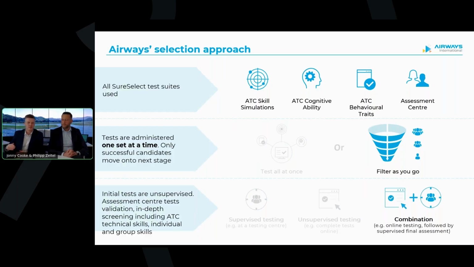By doing this stage-gated, unsupervised component before we invite them into our in-person assessment centres, where we then do that kind of validation to check that they still have those skills, a candidate's then gone through 2 rounds of testing, and they know that they are now within at least the top 20% of candidates for this role. So all of a sudden they're not looking at a 3 to 5% chance of being successful. So that really creates that buy-in. And we do find we have much better participation rates at our assessment centre.